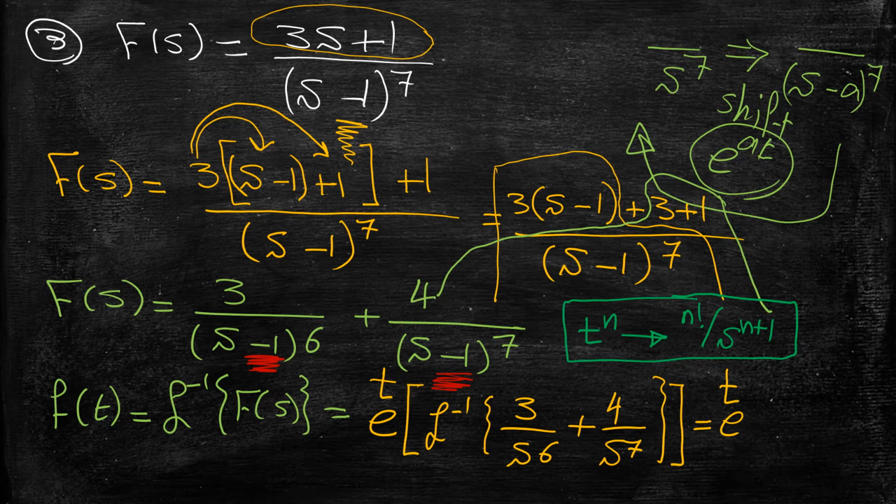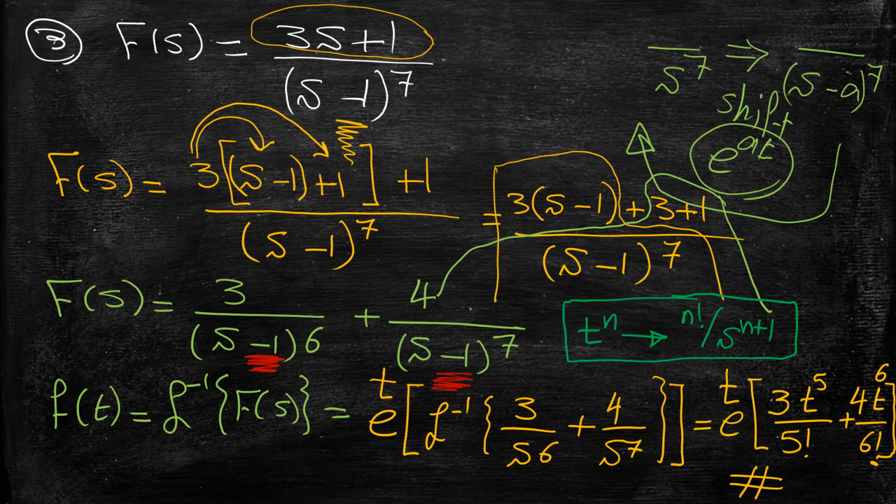So the same 3, 1 over s to the power 6, will be t to the power 5 divided by 5 factorial, and this 4 will be 4 t to the power 6 divided by 6 factorial. So this is how it should look, and this is our Laplace inverse.